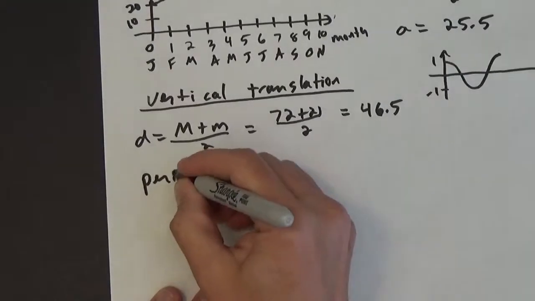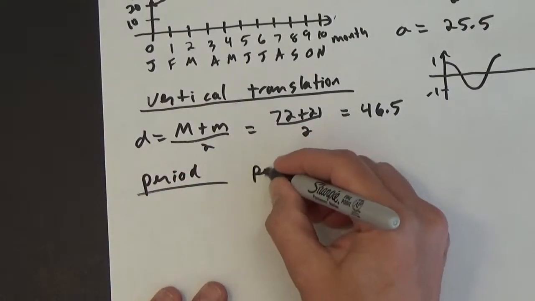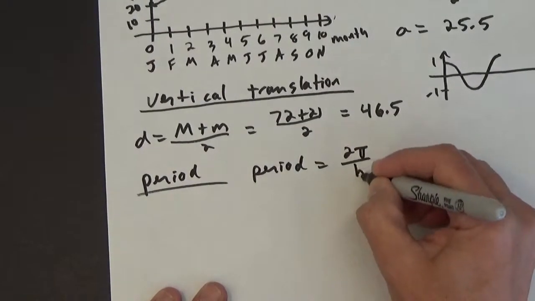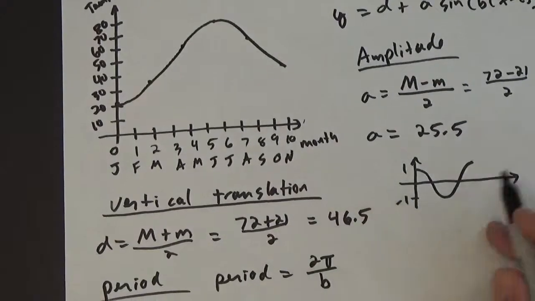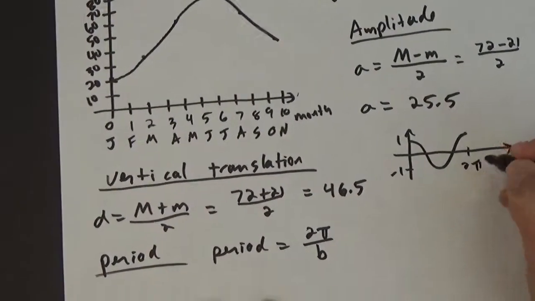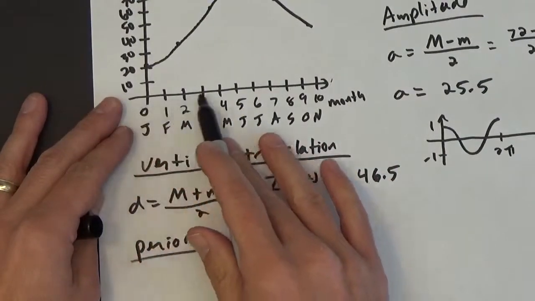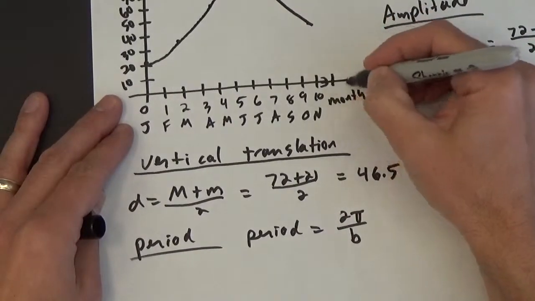Okay, so our period. Remember, period is equal to 2 pi over b. Now the period is normally 2 pi, like that would be 2 pi. And of course, we're not going from 0 to 2 pi, we're going from 0 to, in this case, all the way to 11.